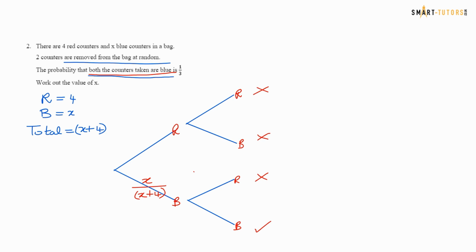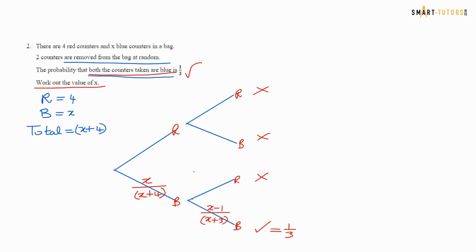If you are taking another blue, the top is going to be taken away by 1 and the bottom also takes away 1. So x plus 4 take away 1 becomes x plus 3. These two multiplied together, the probability is 1/3, given in the question. So don't waste your time filling up the other branches. We don't need it. They are asking us to work out the value of x.